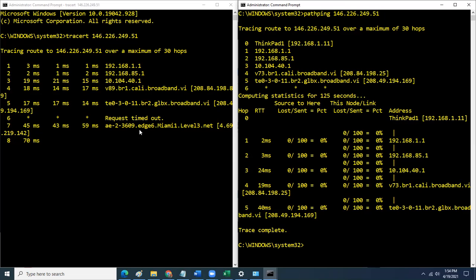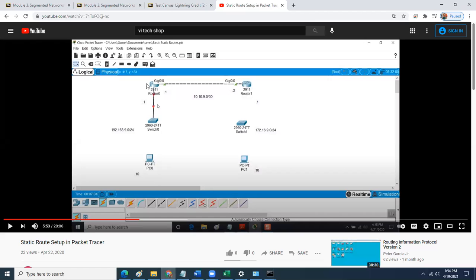Whichever one you use is irrelevant. The point is you can see where we're getting through the different points of connection and what addresses those different router connections have when we're trying to connect between resources.